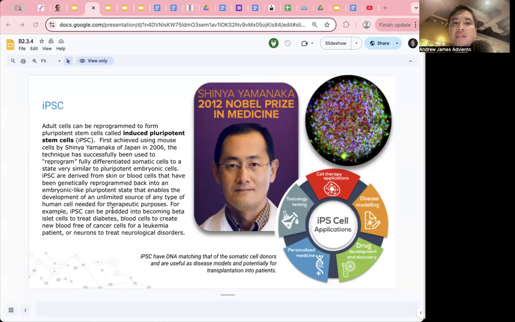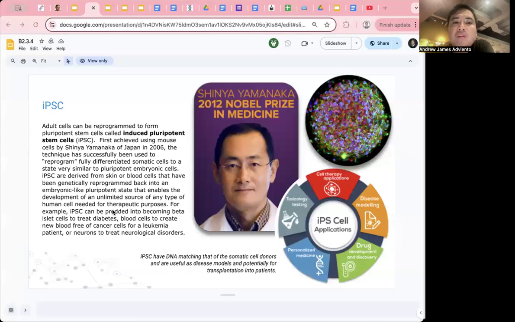So in 2006, Dr. Shinya Yamanaka made a groundbreaking discovery. He reprogrammed adult cells into pluripotent stem cells. These are called induced pluripotent stem cells, or iPSCs. Why is it important? First, it eliminates the need for embryonic stem cells in research.